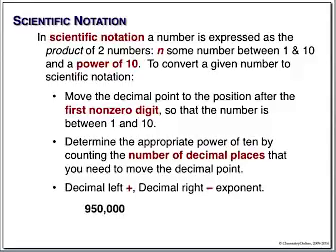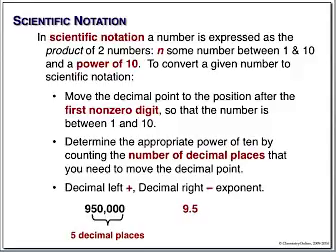If we have 950,000, step 1, we don't have a real decimal point, but it's implied to be at the end. We have to move it to the left 5 places. 9.5 is going to be our coefficient.